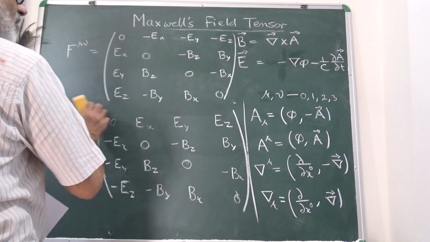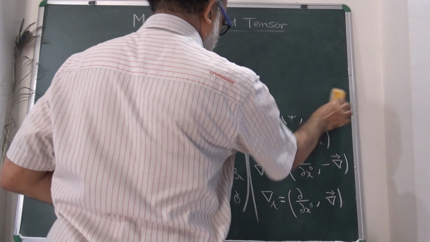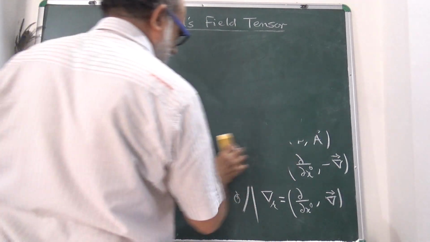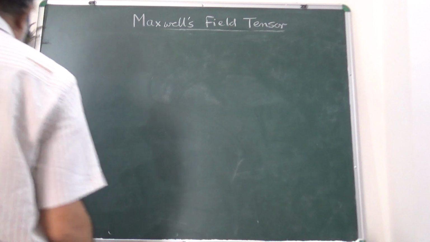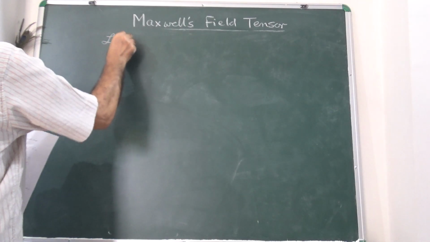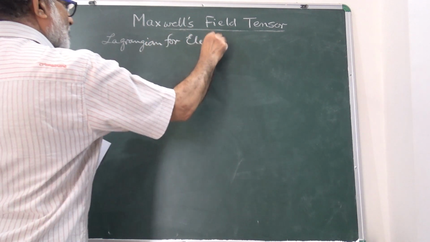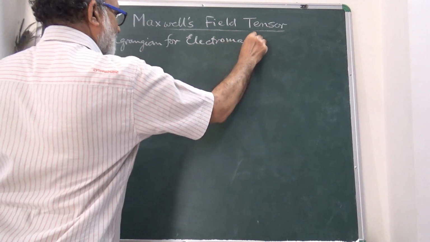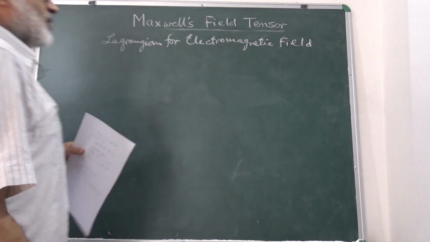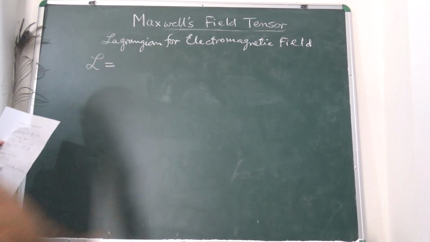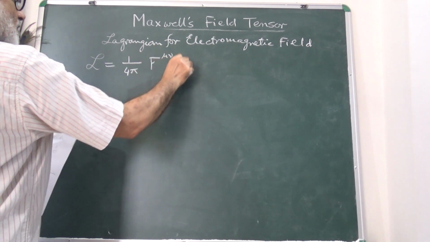Some more I can give here. The Lagrangian for Maxwell's field equation, the electromagnetic field. The Lagrangian for the electromagnetic field is written as 1 by 4 pi F mu nu F mu nu.